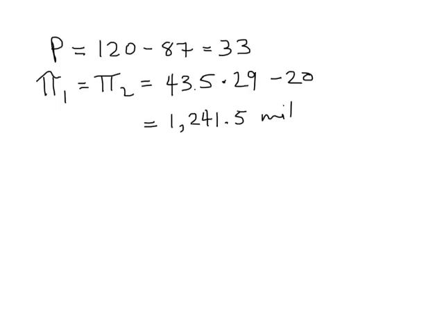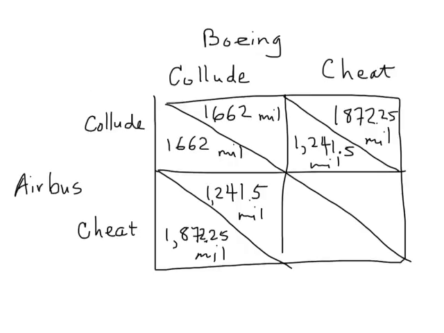And so there we verified it. Let's go ahead and enter that. 1,241.5 million. 1,241.5 million. All right, that's our duopoly problem.